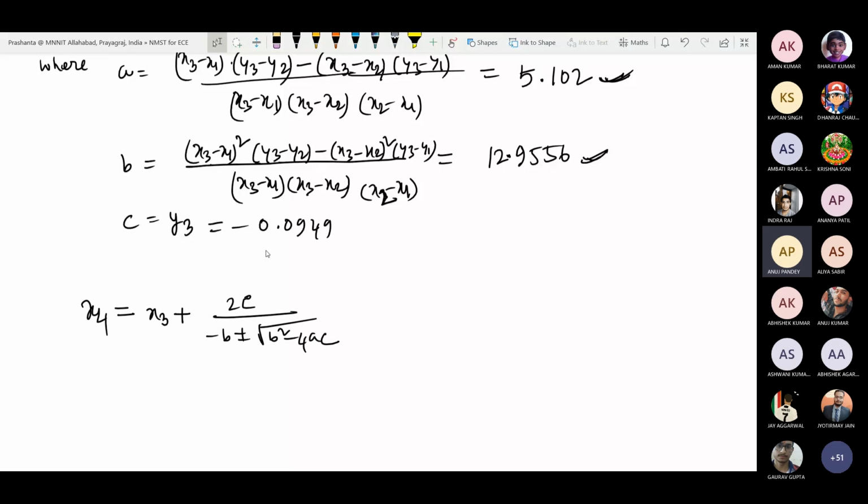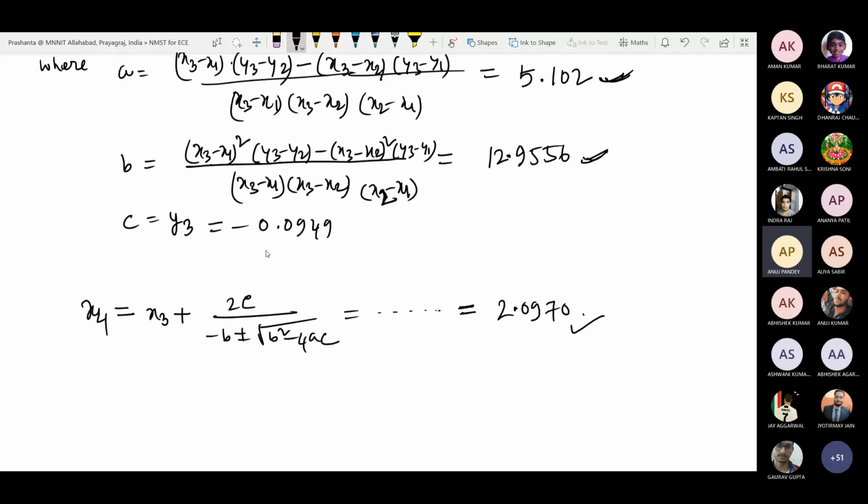So substitute everything and simplify. It will be coming something like 2.0970 or around that. So this is the next approximate root in the second iteration. After the second iteration, our approximated root is 2.0970.